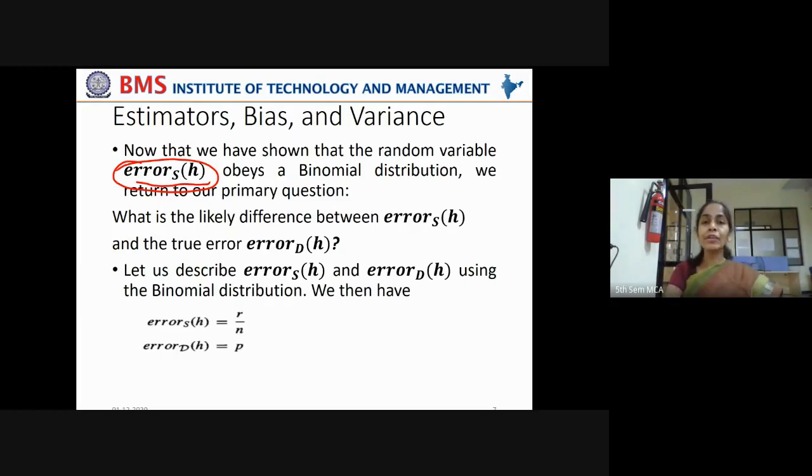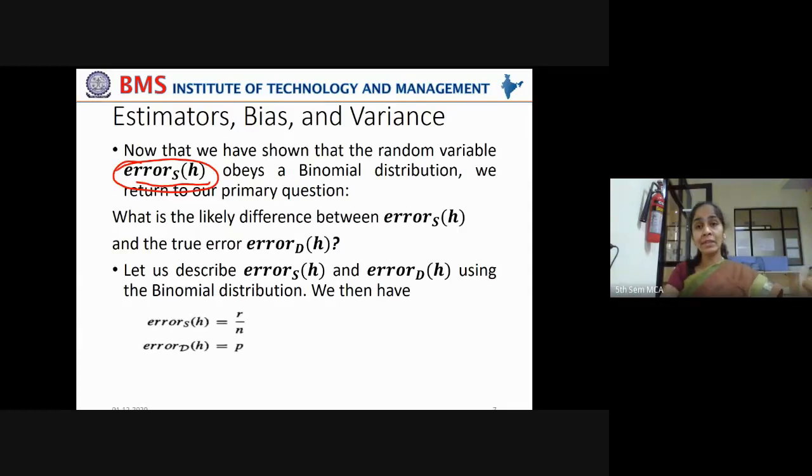Now we have to return to our primary question. What is our actual question we started with? We transformed it into a binomial distribution and tried to understand the sample error, true error, and binomial distribution interchangeably. We are discussing these two concepts interchangeably from yesterday's class. But why have we come to this kind of discussion?